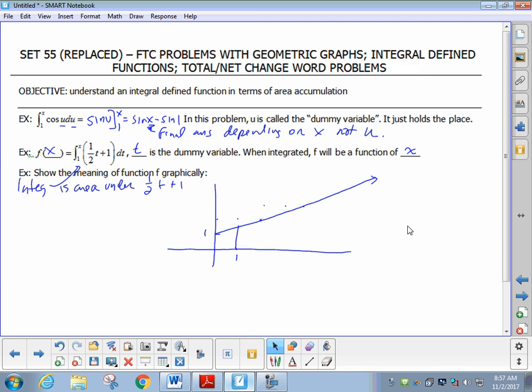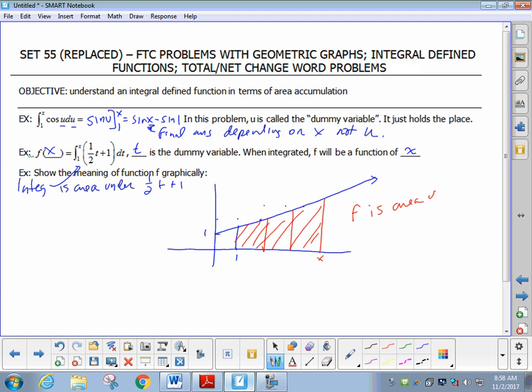and area from 1 up to where? X. Now, x could be anywhere here. X could actually be here, or here, or here. X is a variable for a reason. It's the area. Depending on where you end the region, you get different amounts of area. So F is the area under the curve.